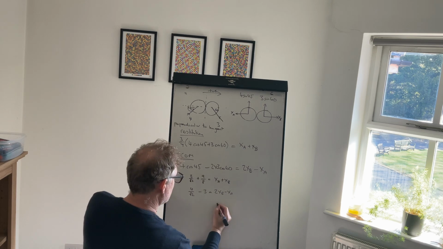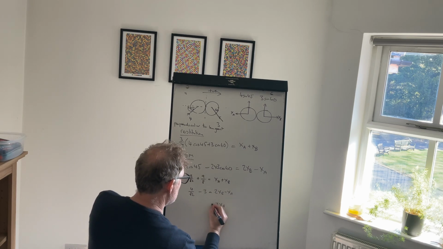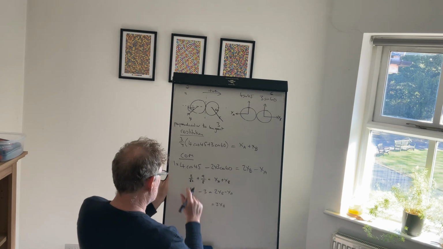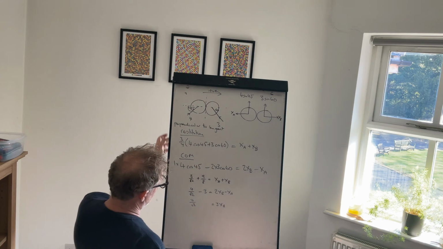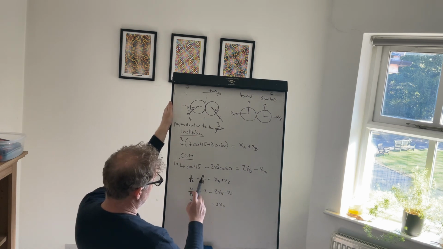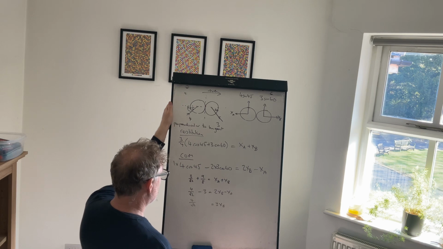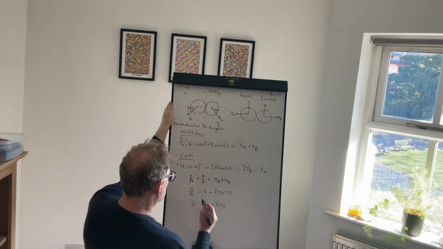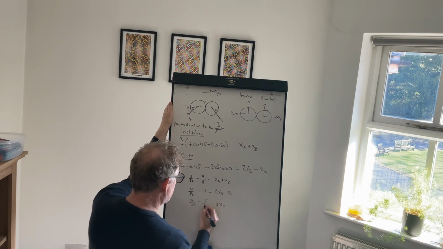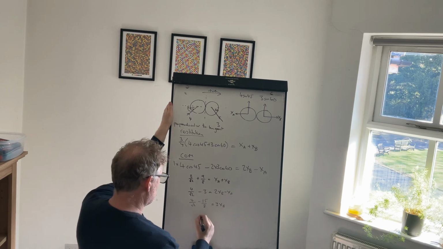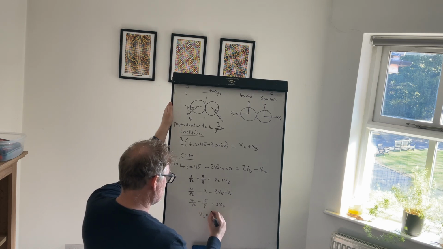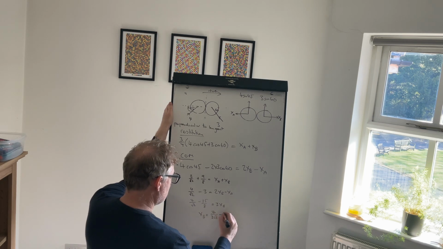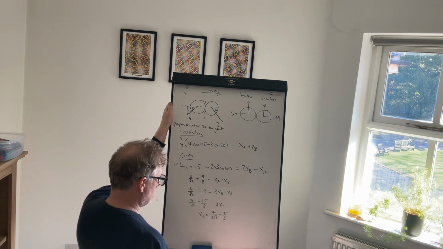Add them together and we get 3XB equals 7 over root 2 minus 15 over 8. Divide through by 3, and you get 7 over 3 root 2 minus 5 over 8 for your XB.